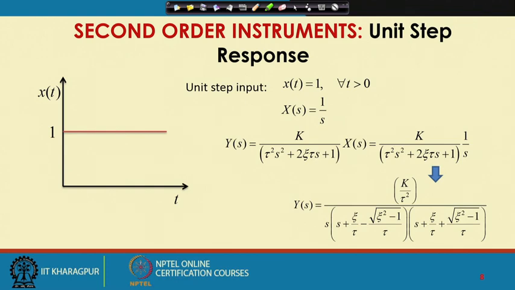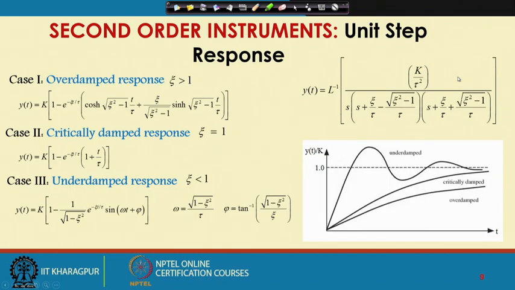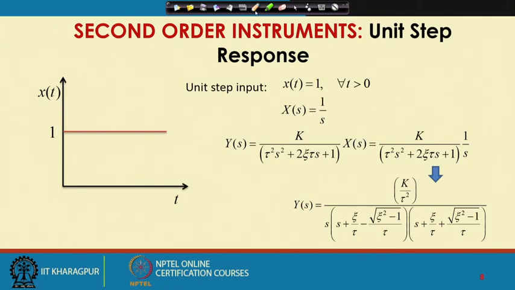So, unit step input is represented by x t equal to 1 for all time t greater than 0. So, at t equal to 0, the input value is taken to magnitude 1 and maintained there for all time to come.